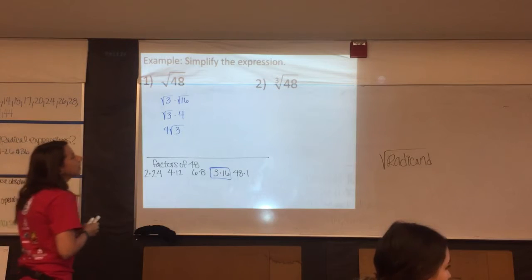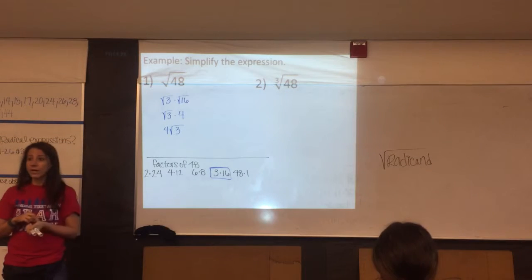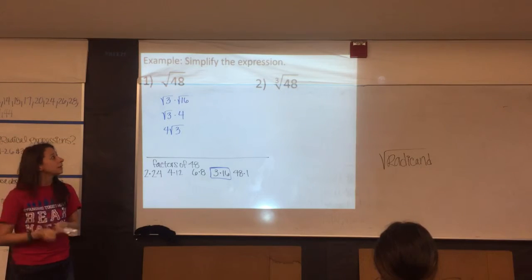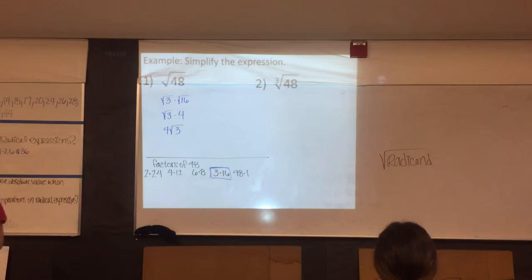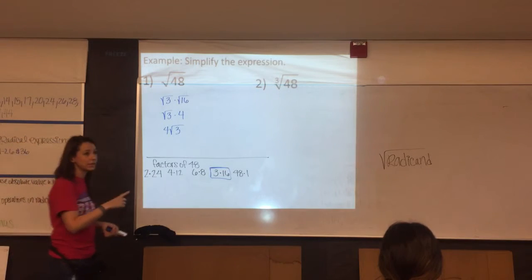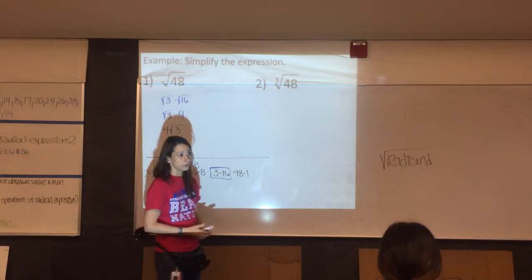It means a cube. So if it has a little cube there above the little check mark part, what am I going to do different? We're going to cube root the number, or find something that I can cube root.